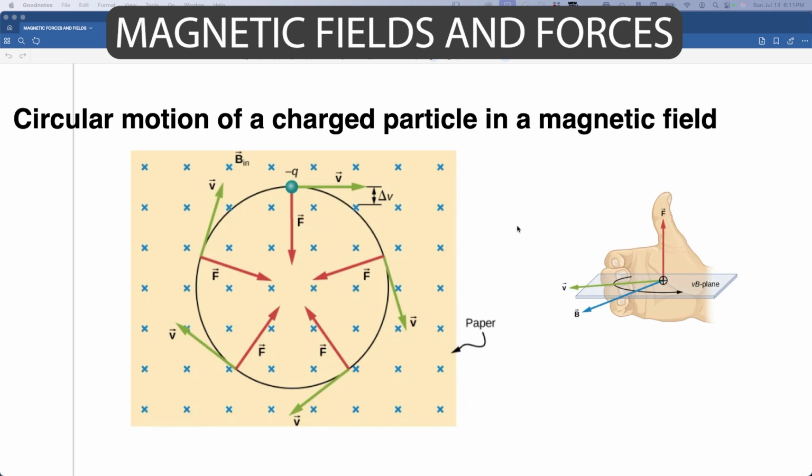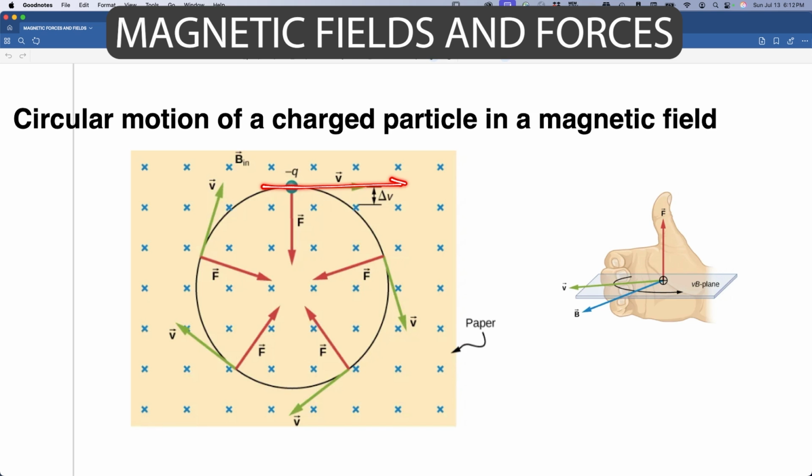Now, here is one of the consequences of a force acting on a charged particle in a magnetic field. Study the diagram. You see that the x's here represent a magnetic field perpendicular to the screen and into it. And then you have a negatively charged particle that's moving from left to right.